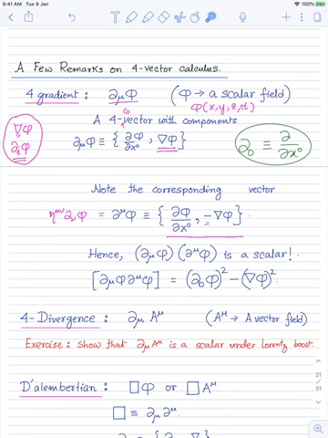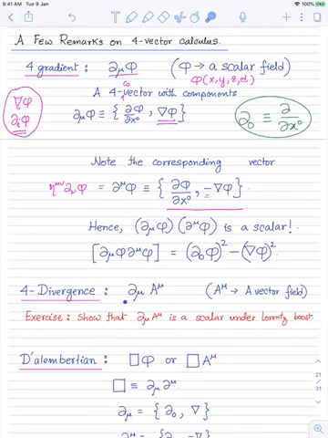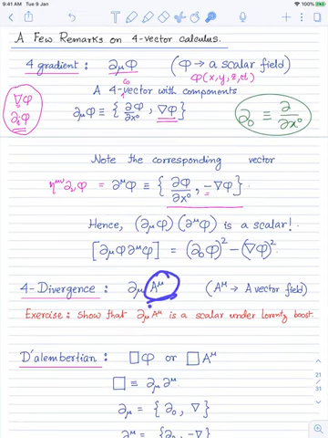Right now we can take the 4-divergence. So let us say that we have a vector field over space-time again. A mu is the vector field over space-time, and if we just do a del mu A mu, this is going to be a scalar.